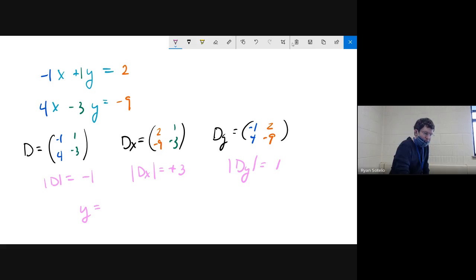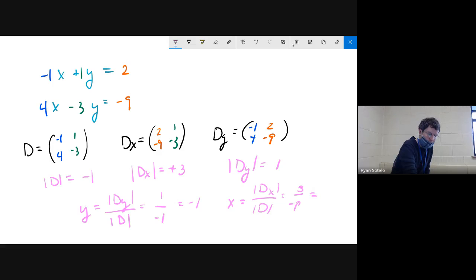So x, well, y is dy over d, minus 1. x is dx over d, just 3 over minus 1, which is minus 3. So once again, minus 3, minus 1.